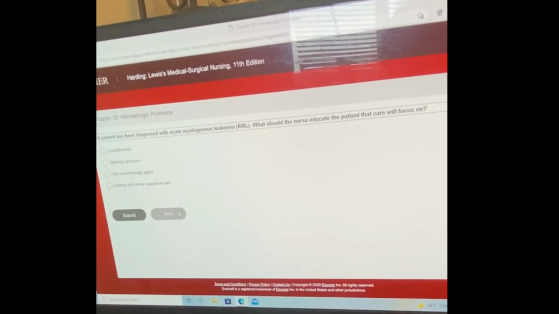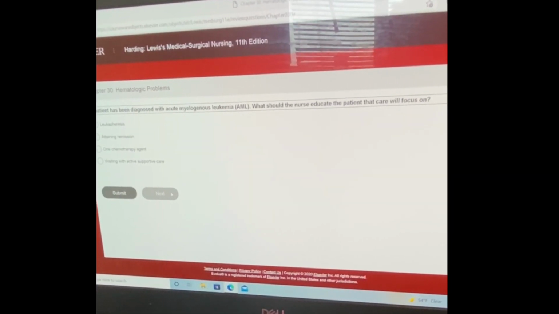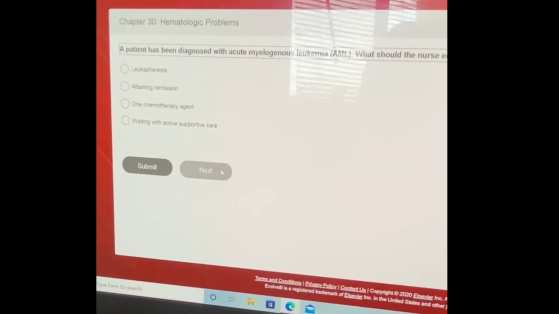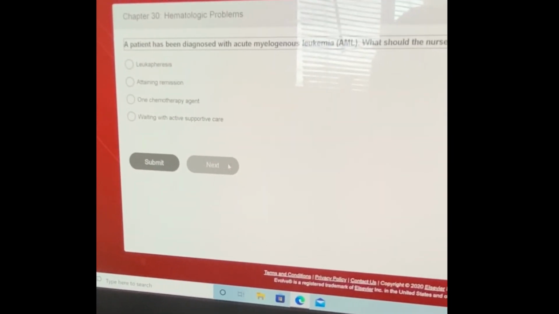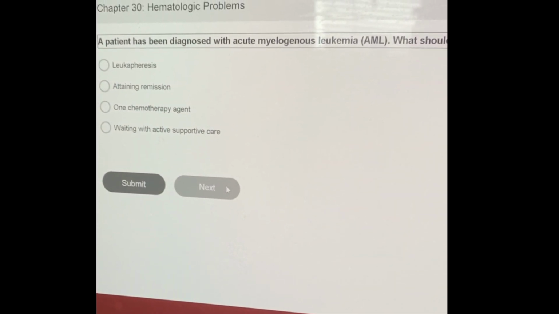A patient has been diagnosed with acute myelogenous leukemia. What should the nurse educate the patient that care will focus on? Okay, so you got leukemia. One, chemotherapy, patient waiting with active supportive care.